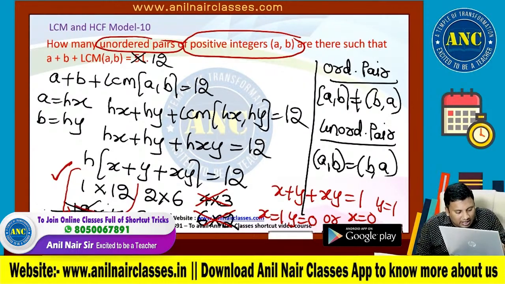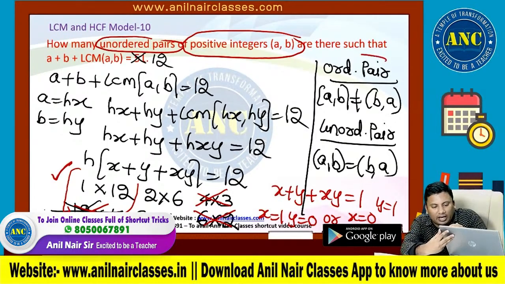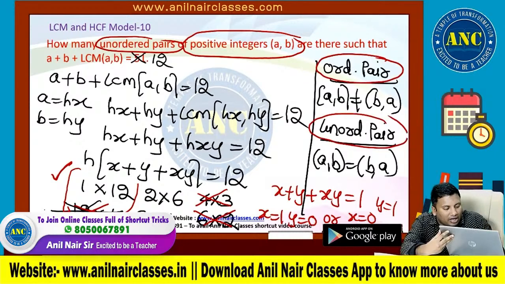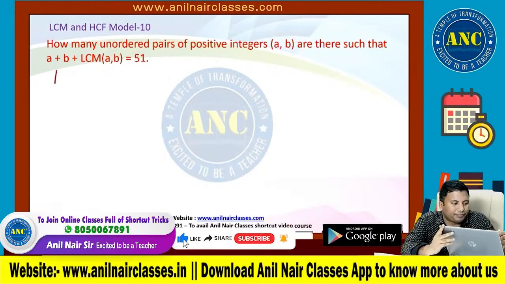So this case is eliminated. Maheshwar Reddy, I hope it is clear, ordered pair and unordered pair. If it is an ordered pair, take all the reverses. If it is unordered, do not take the reverse. Let me do it in the next slide.